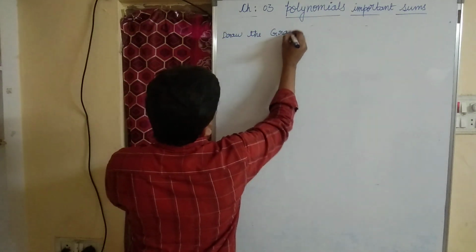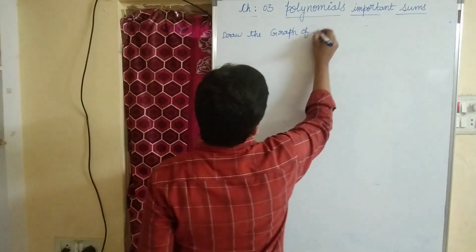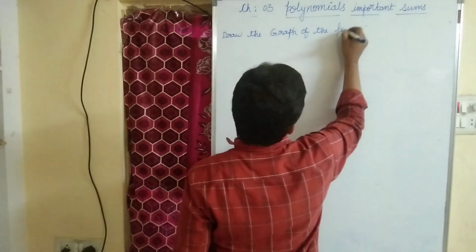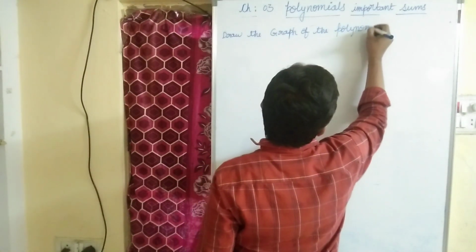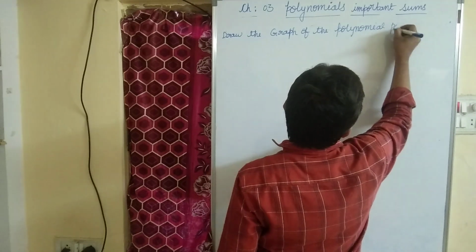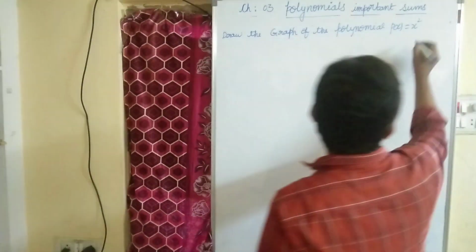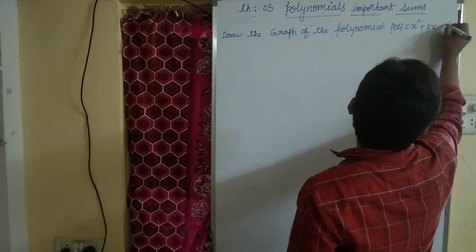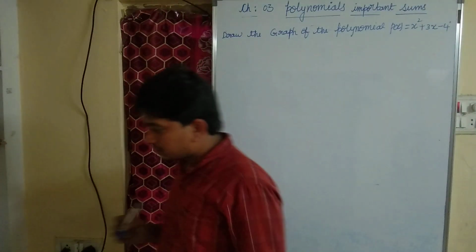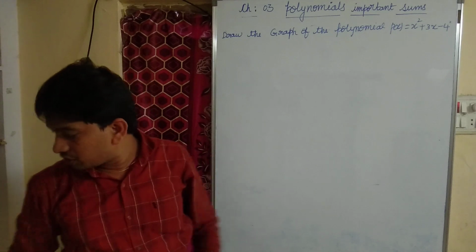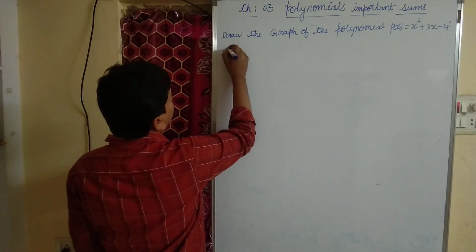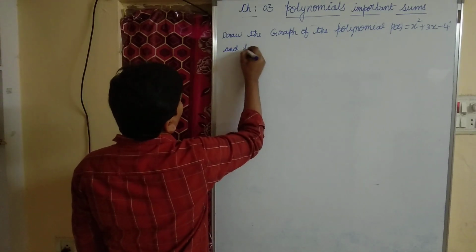Draw the graph of the polynomial p of x equal to x square plus 3x minus 4 and find its zeros from the graph.